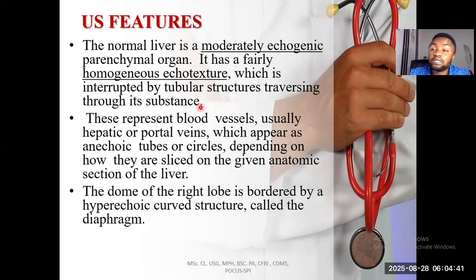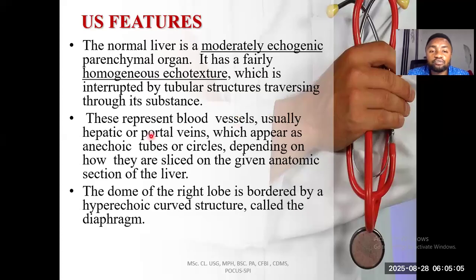We have talked about the tubular structures, isn't it? Yes, I mentioned them before I started this presentation. The portal veins, hepatic veins, the bile ducts, and the rest. They are the tubular structures traversing through the liver.